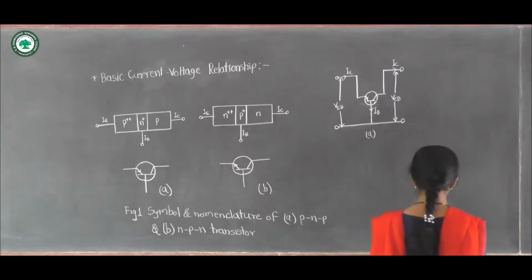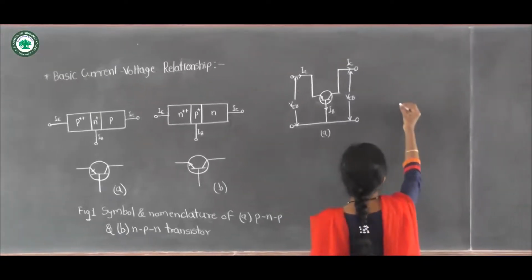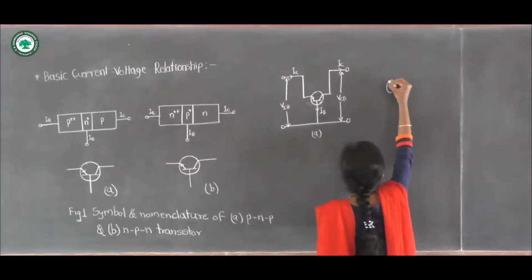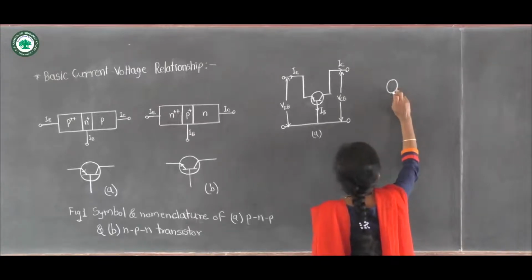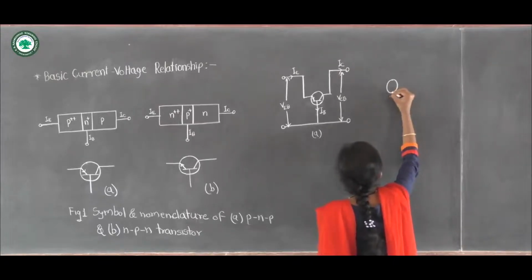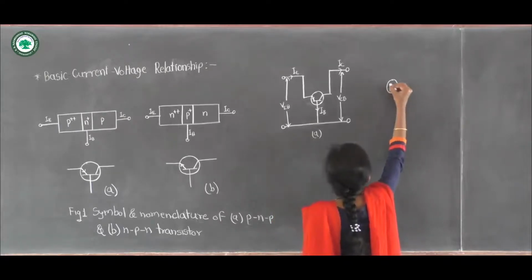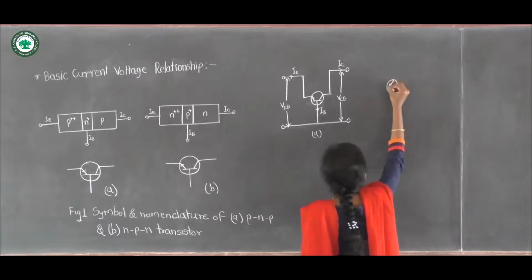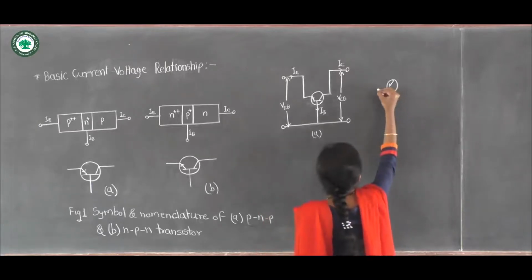Then we will see the next configuration, which is common emitter configuration, in which emitter terminal is common to input as well as output.